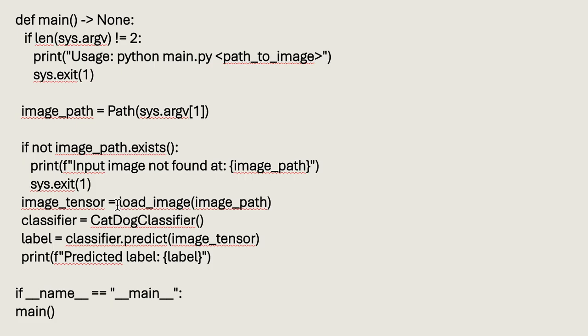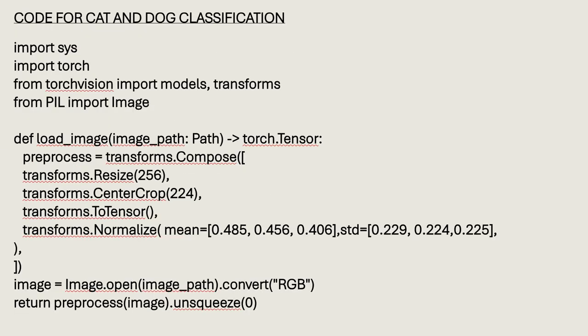That is, load image is our function in our classification model, which will process our image first. Okay, our image is passed, so we'll go back to our function where we used load image, and it passes the image path, which means we are basically passing that image into this function.